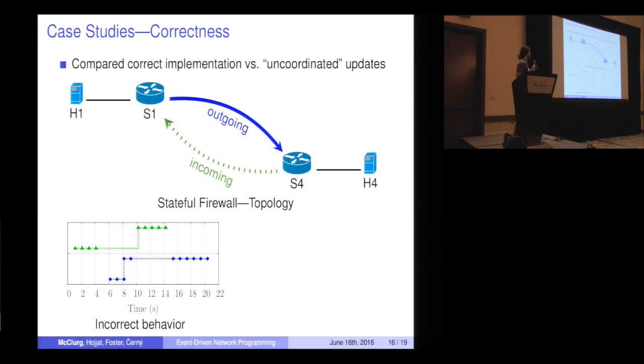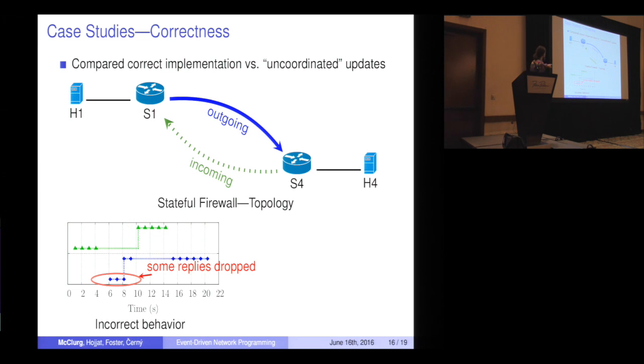So here's what happens with the uncoordinated update, and for this example, the green line at the top corresponds to pings from H4 to H1, so trying to ping along the incoming edge, and the blue line is the other direction. Initially these pings are dropped, as you would expect, not allowing the incoming traffic. Then we have some event that causes the state to change, and then these pings go through.